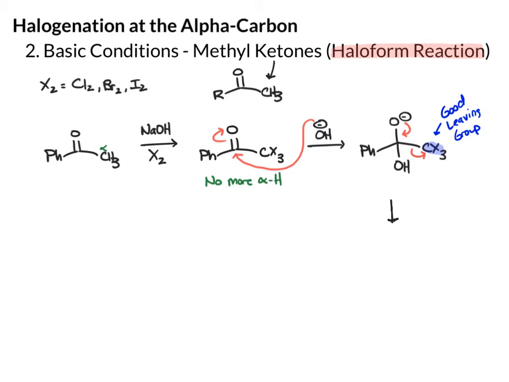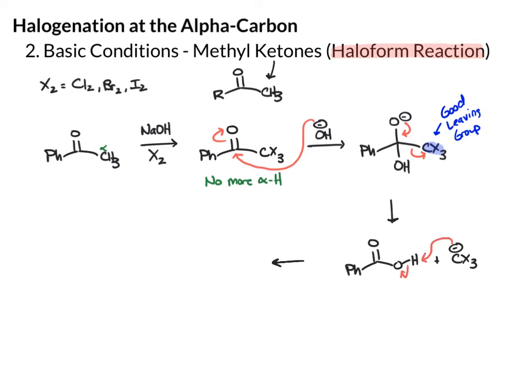So what we're left with is a carboxylic acid plus CX3 minus. Now we have a negatively charged carbon and an acidic carboxylic acid proton, so fairly rapidly those two things will react.